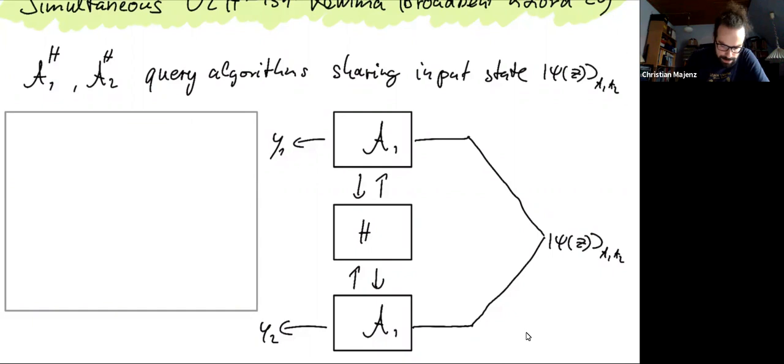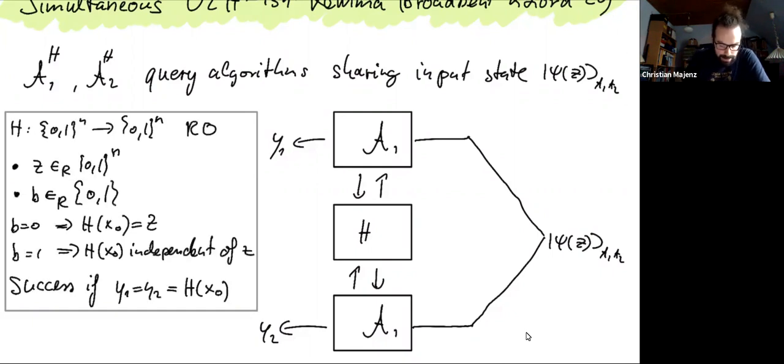We have again this random oracle, and here we have a bit b that gets sampled, and this decides whether the random oracle at some marked point x0 is equal to z, which is part of the input in some encoded way, or independently random.